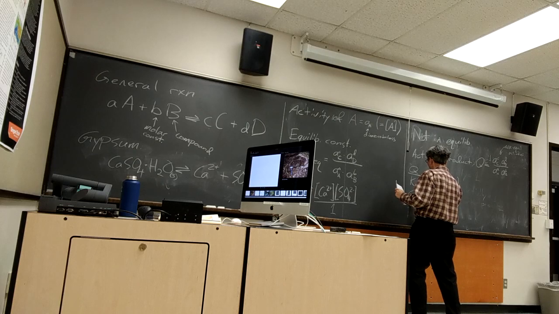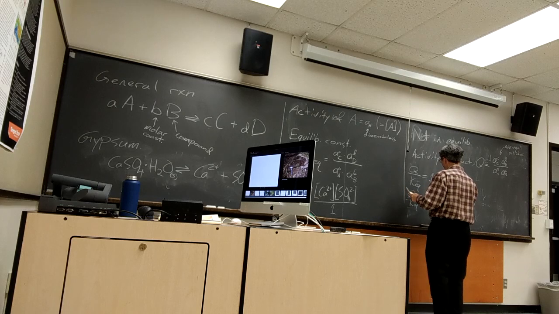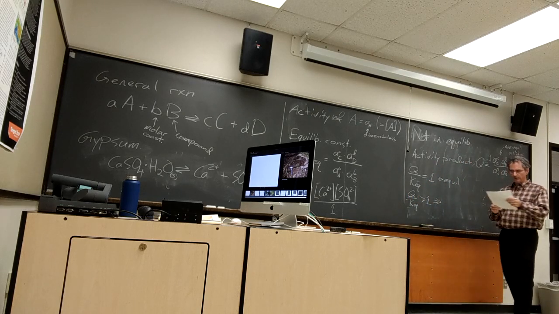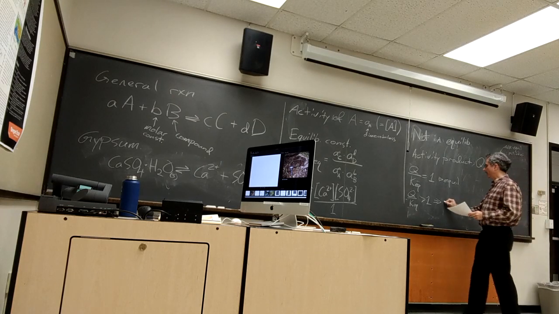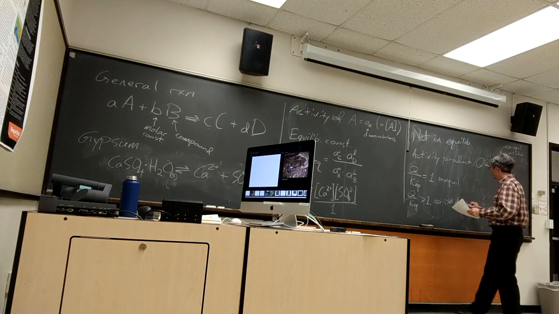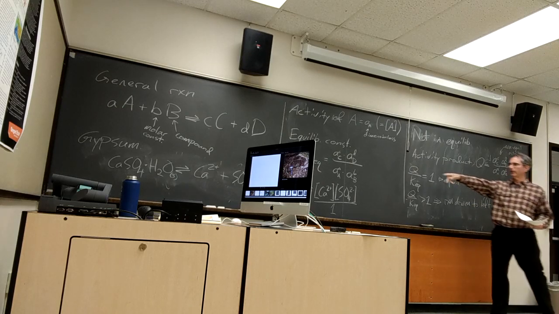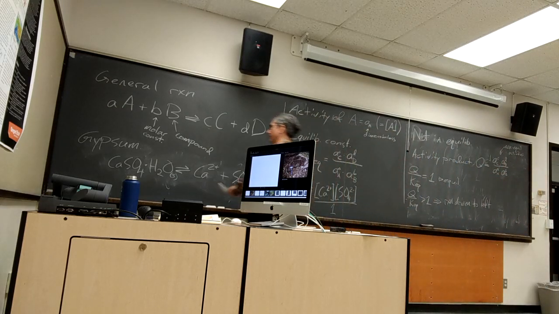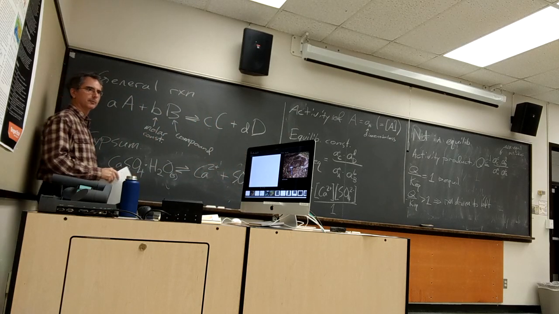If Q over KEQ is greater than 1, then that means we've got too much product relative to equilibrium. We're actually in supersaturation, and the reaction is driven left. In the case of gypsum, we're going to precipitate out. We're going to take calcium and sulfate ions in water, and precipitate out the gypsum.